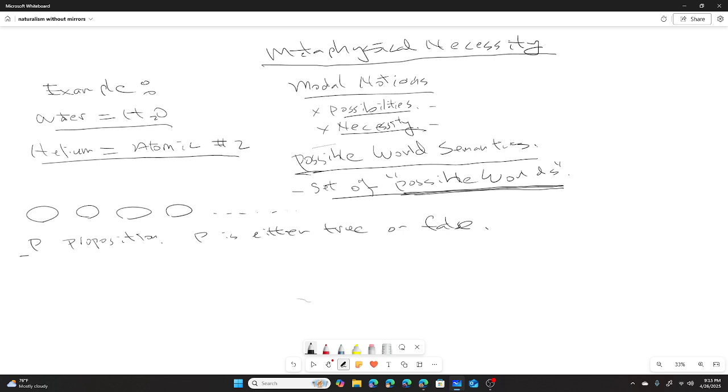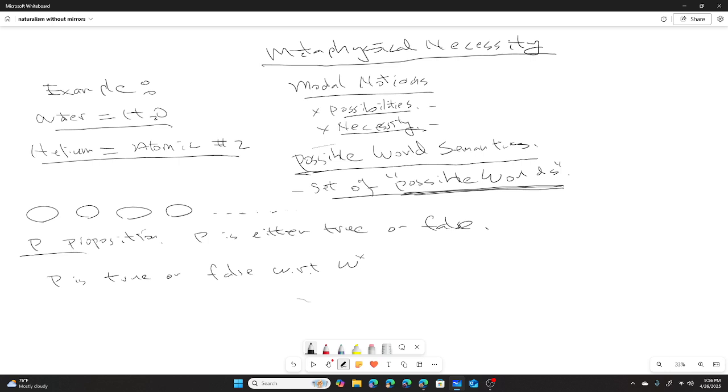So in this possible world way of thinking, P is either true or false with respect to a world W. P is true or false with respect to W, where W is W star.